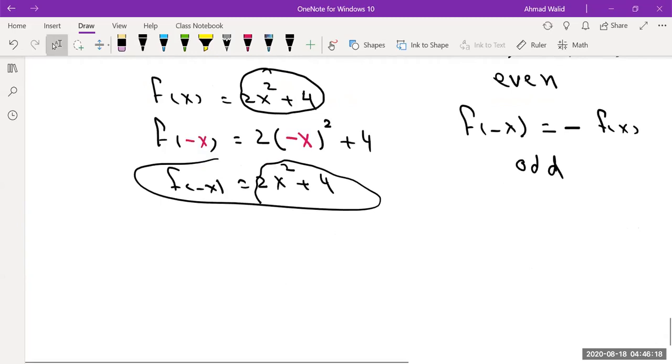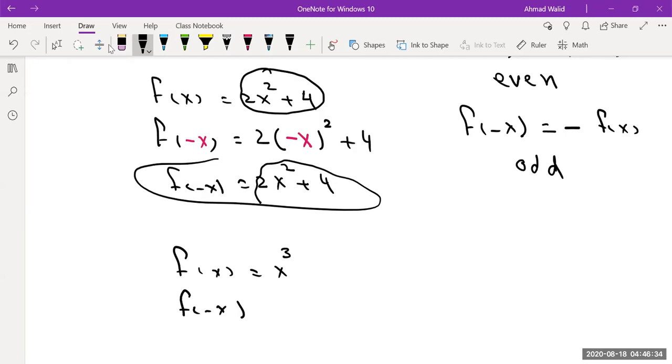Let me take an example of odd functions. Let's do the easy one. F of x equals x cubed. To test if this function is even or odd, I'll replace x with negative x. Then this one will be negative x cubed. And you know a negative number to the power of odd gives you back negative.